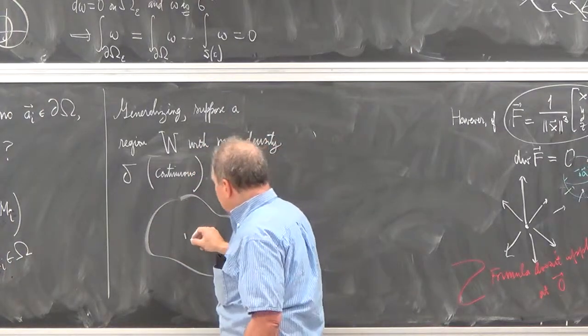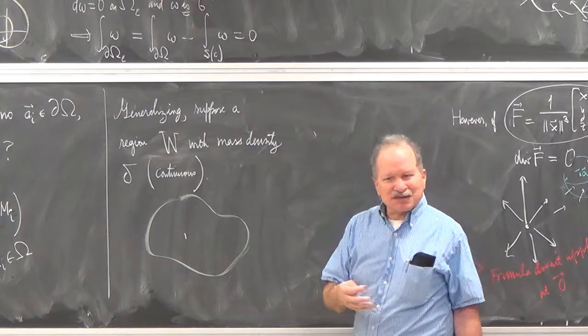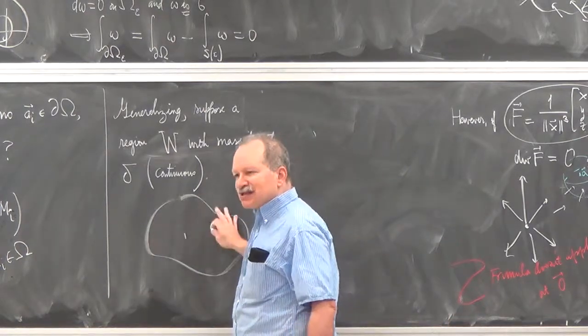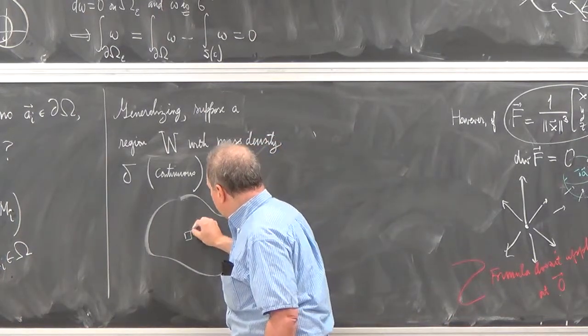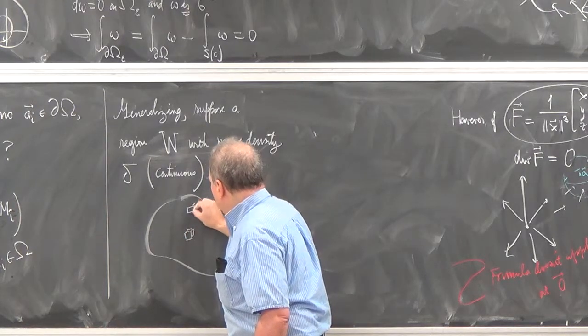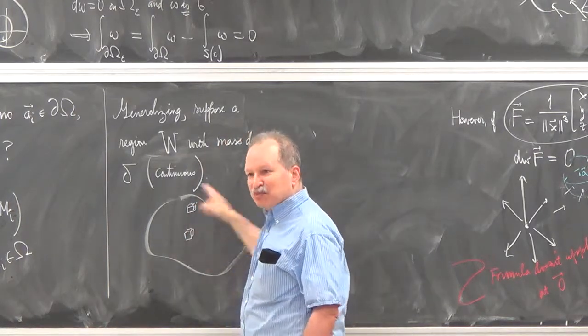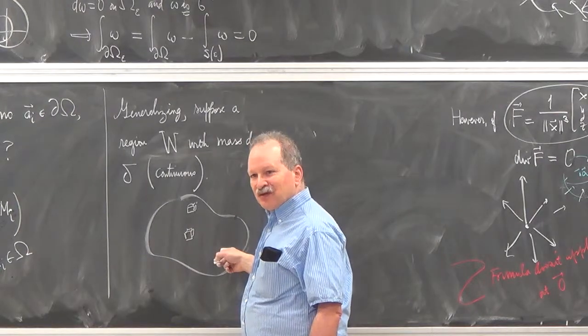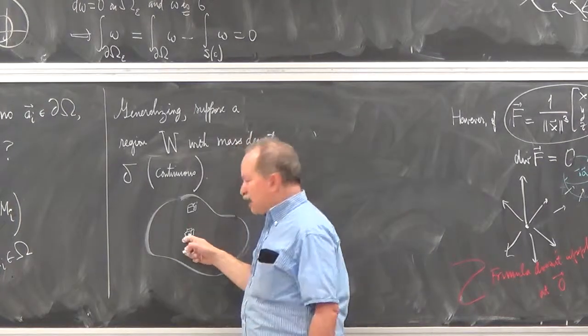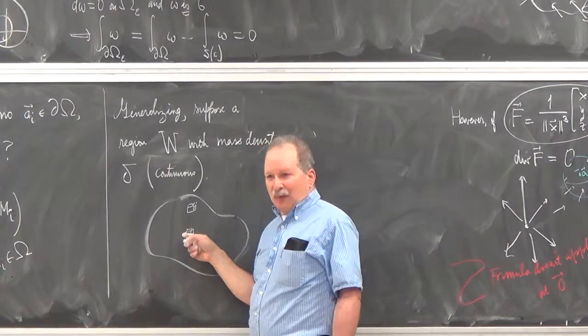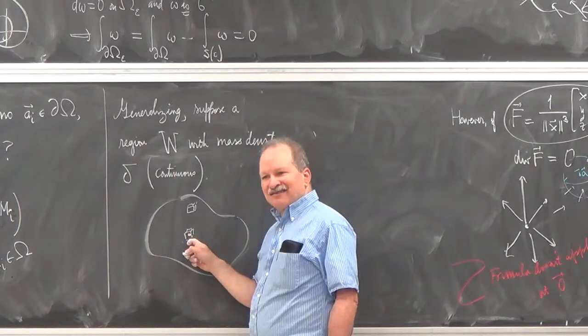Then I can approximate it, just like we did when we did centers of mass and moments of inertia. I can chop it into pieces, and approximate it by bunches of point masses at various places, where the mass at each point is basically the mass of that little region there.